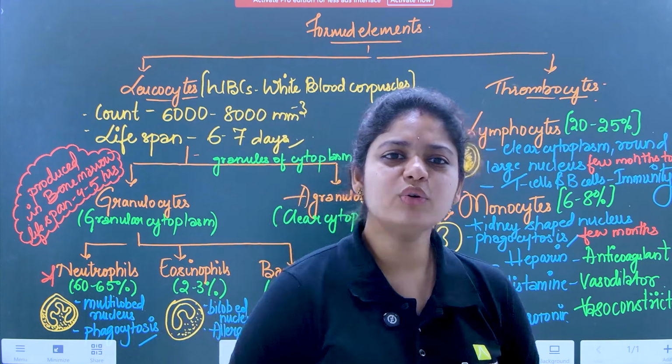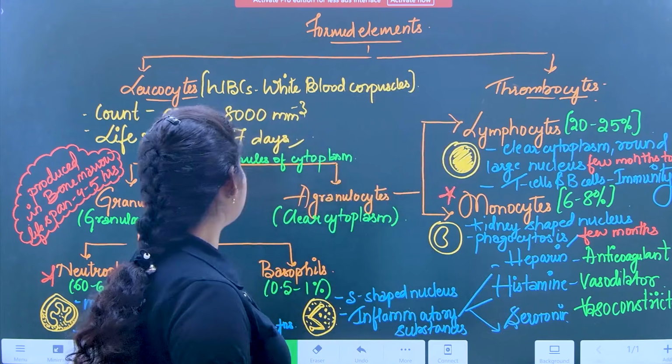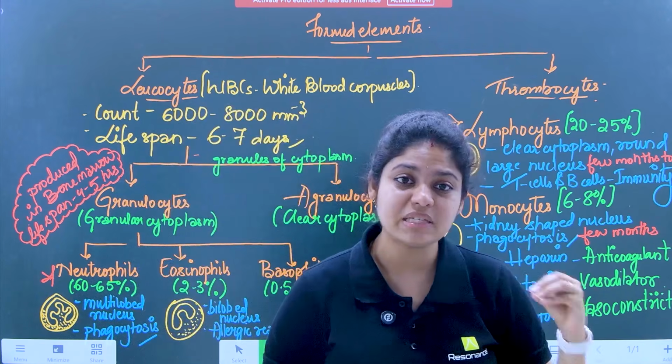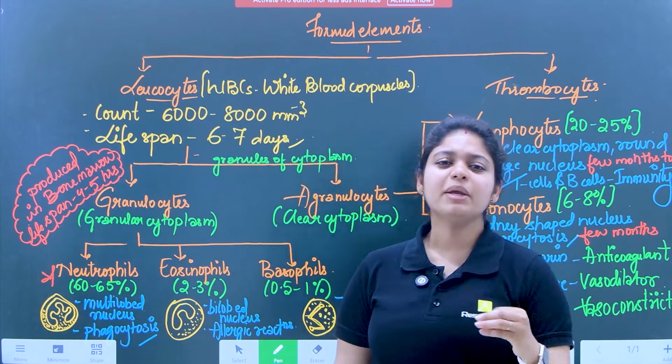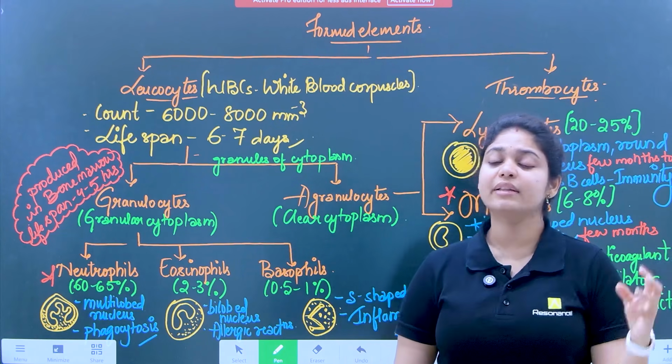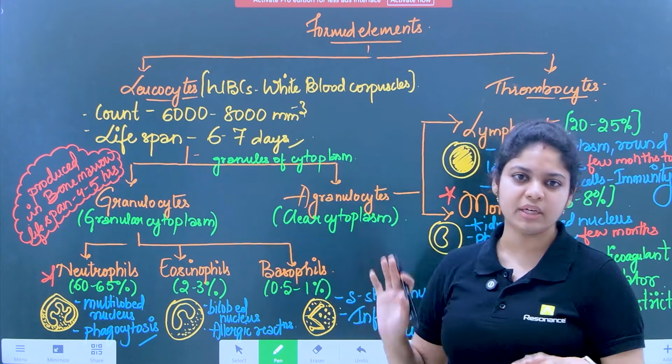Moving on to the entire leukocytes, you should learn that leukocytes are nothing but white blood corpuscles, which act as the policeman of our body. Coming to the count, it is 6,000 to 8,000 per cubic millimeter and the lifespan is just 6 to 7 days.